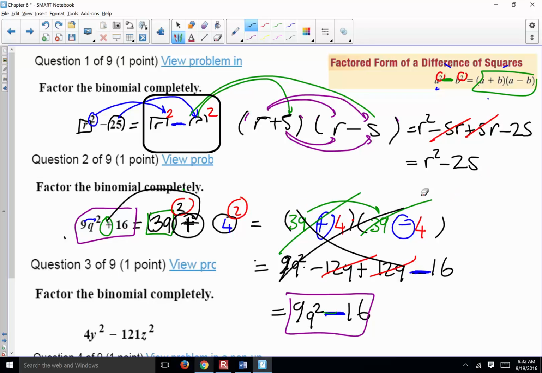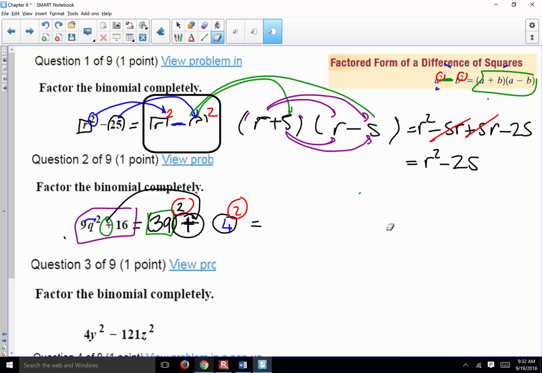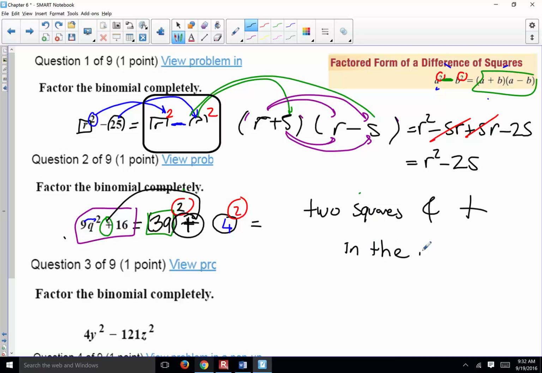Then what is the answer? No solution. If there are 2 squares and a plus in the middle, when you see such a case, the answer is easy.